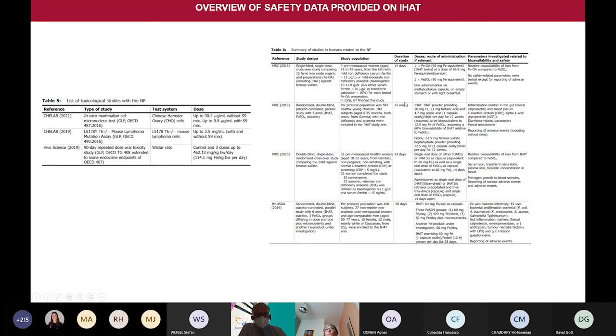And then we provided human safety through 4 clinical trials where the dosage that was tested went from the 20 up to 60 milligram of iron equivalent.